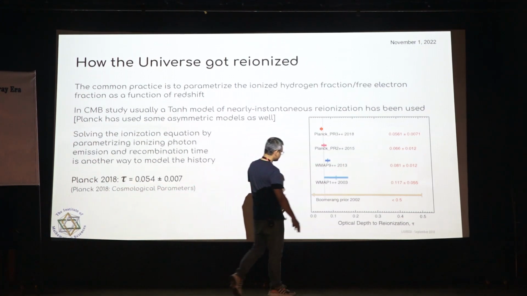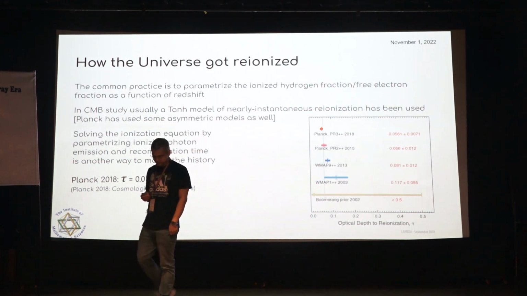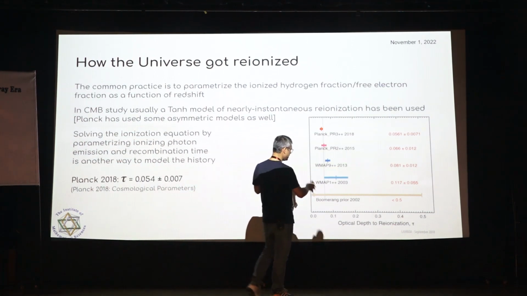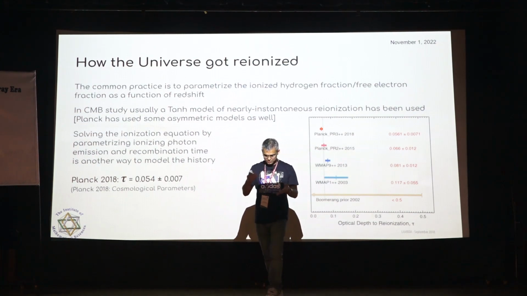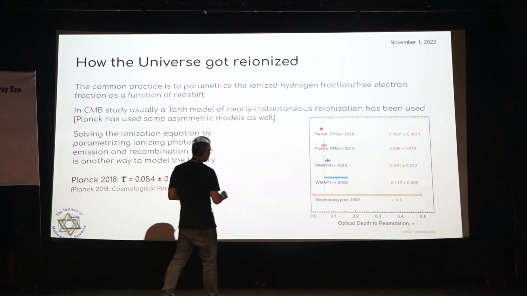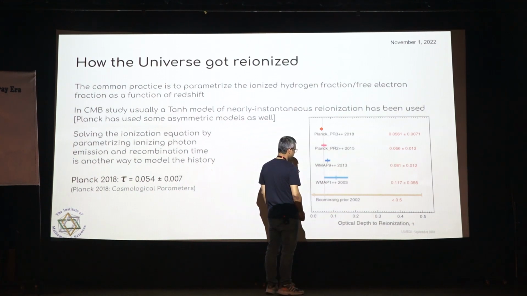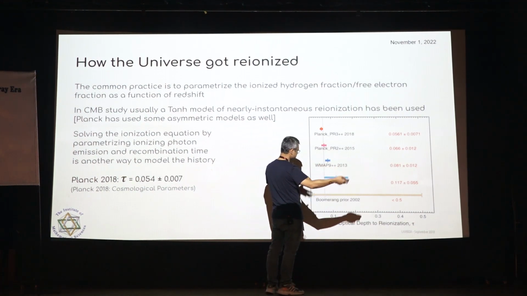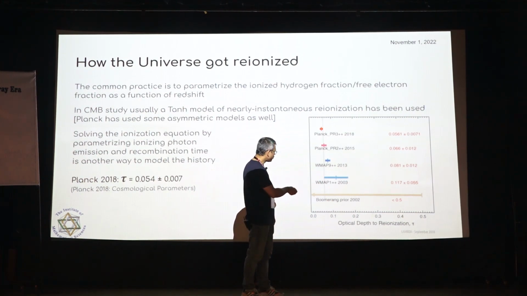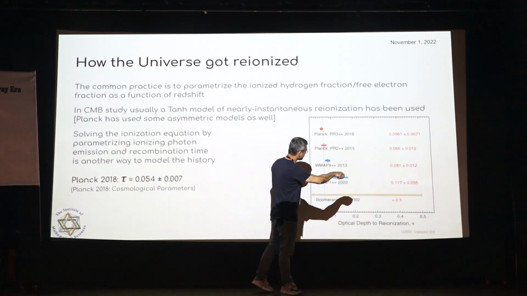Using that, WMAP 2003, which is WMAP first-year data, I believe, came up with a very big tau, which made lots of chaos because it was not consistent with many of the other data sets at that time. But then they came up with the polarization data in 2005 and then 2007, and in 2013 they released the WMAP 9-year data, which reported a value of tau of 0.081 with this error bar.